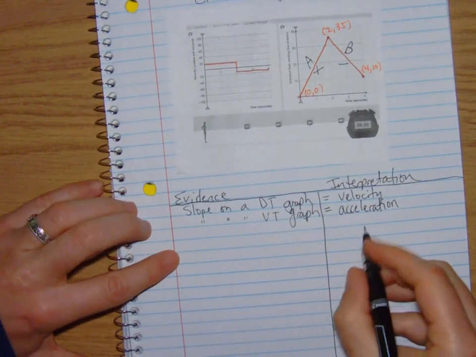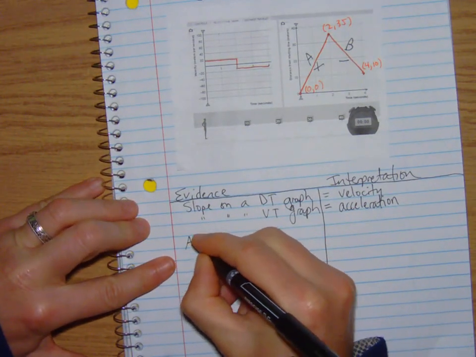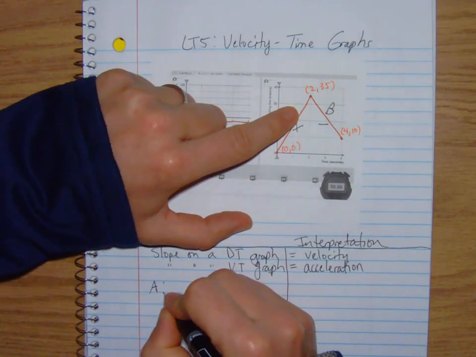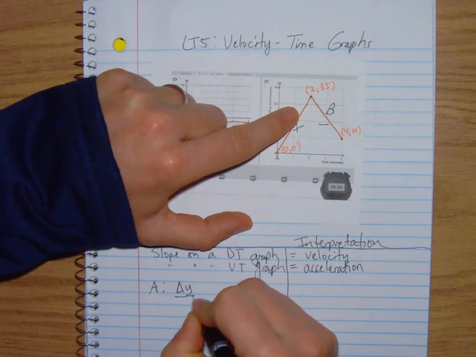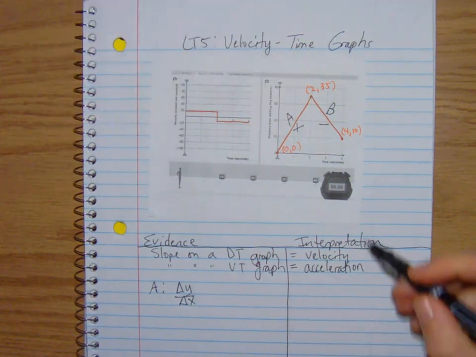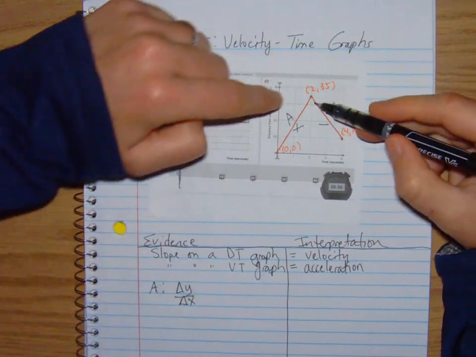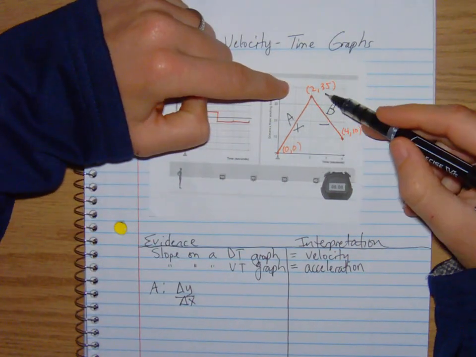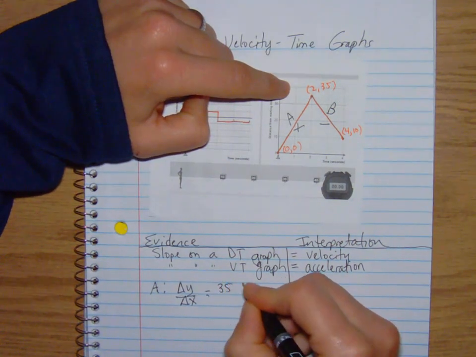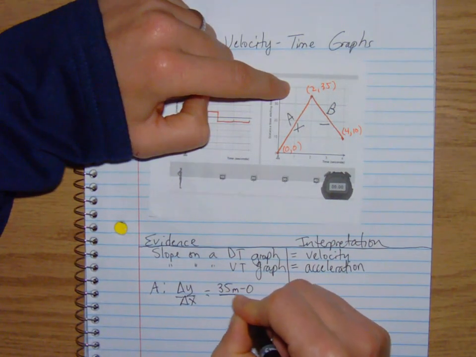All right, so let's figure out for line A. Line A on a distance time graph, let's actually calculate the slope. We know it's the change in Y divided by the change in X. So our up and down motion, it's the end minus the beginning. So at the end of this time interval, we are at 35 meters, and we started at 0.